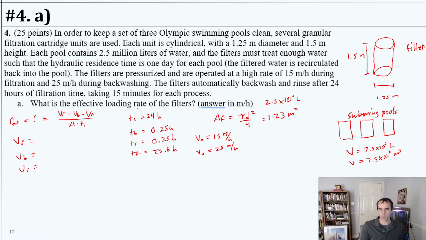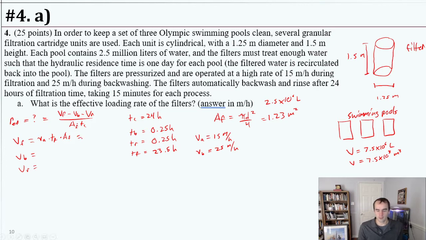We have all the components here. So the volume filtered is going to be that loading rate VA times the time of filtration, not the cycle time, the TF, times the area of a filter. Write that with an F there.